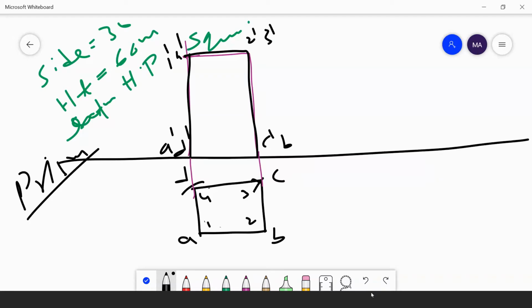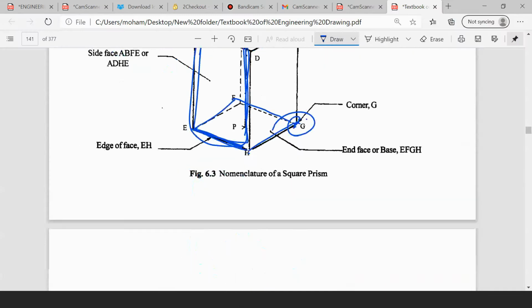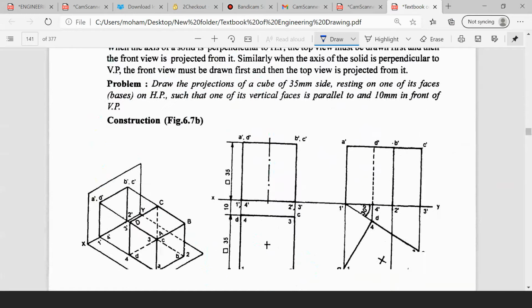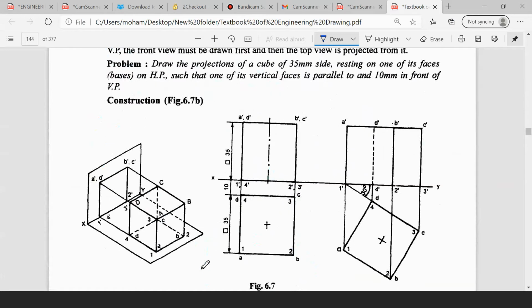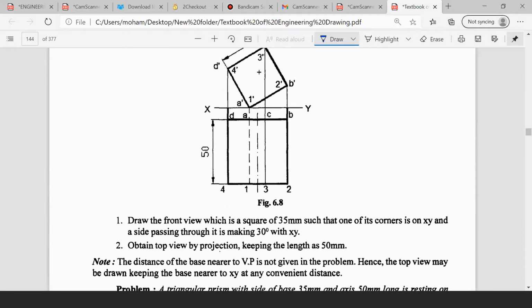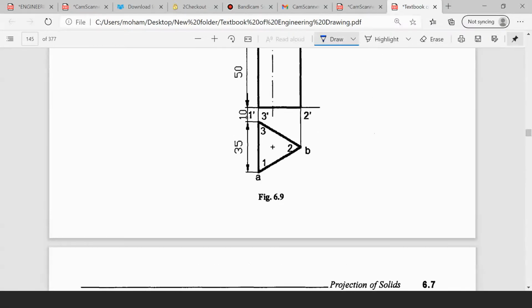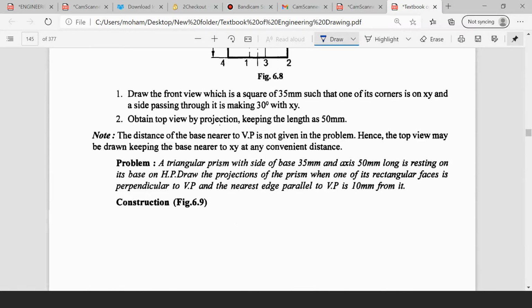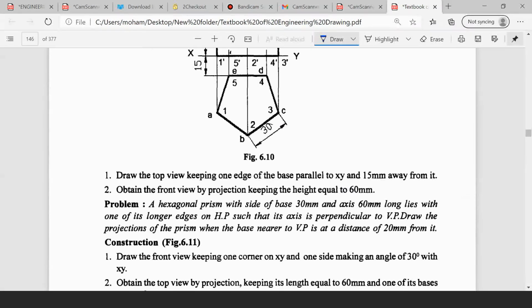You can write the notations like this. I have a question here. So you can write the notations as numbers for the top.